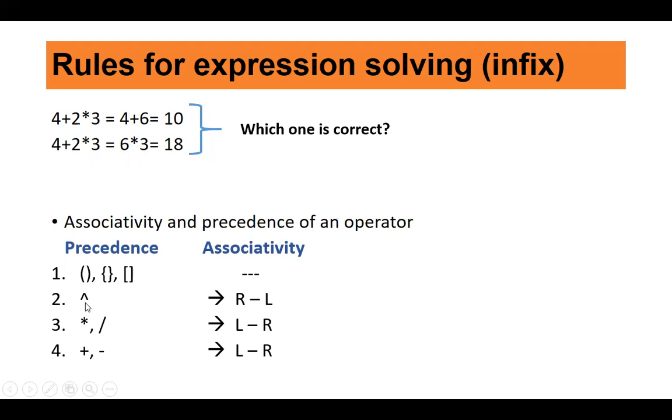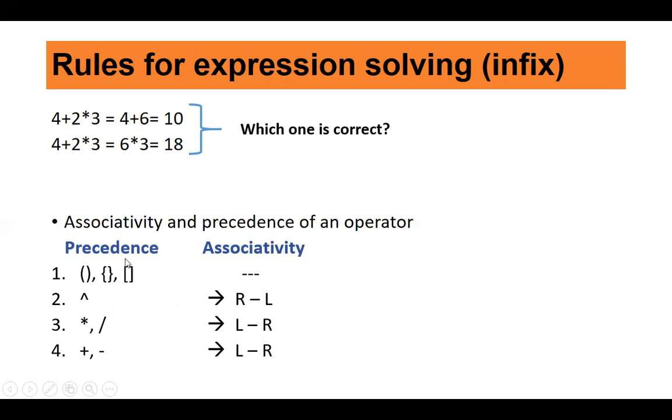Then you have power, that is raised to, and it has associativity from right to left. Then you have multiplication and division, the third highest precedence, and it has the associativity from left to right. Similarly, addition and subtraction have the last precedence and the associativity is from left to right.